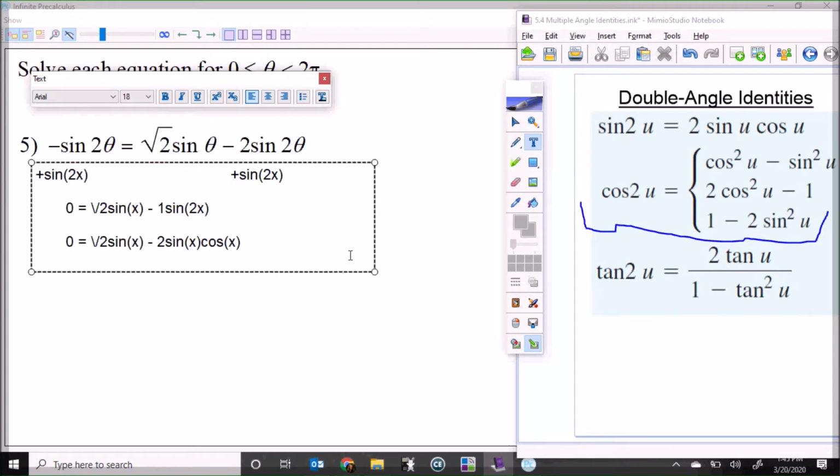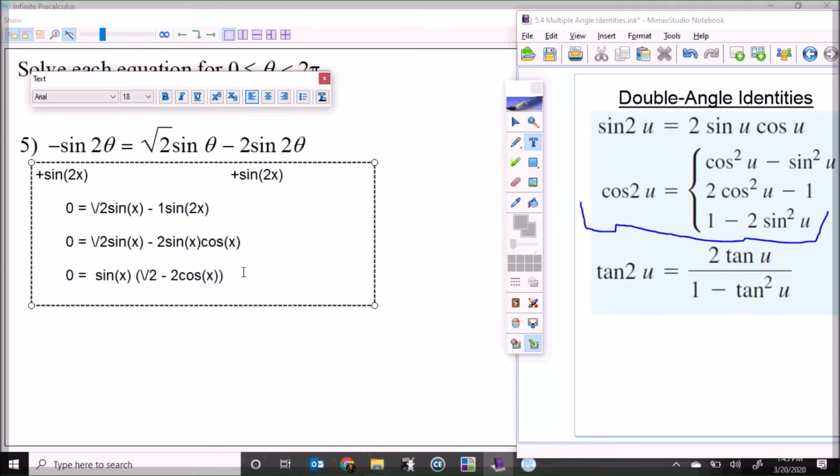Okay, well, we're factoring, so what can I factor out of both terms? Well, if I look, I see they both have a sine in them, so we'll factor out sine of x. If I factor out sine of x, that leaves me with square root of 2 minus 2 cosine of x.